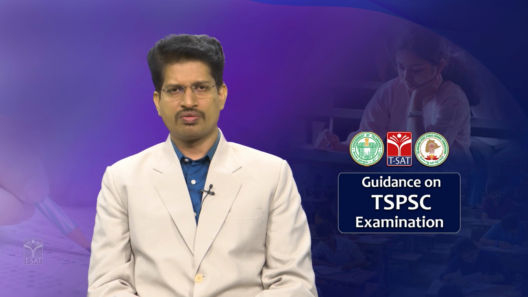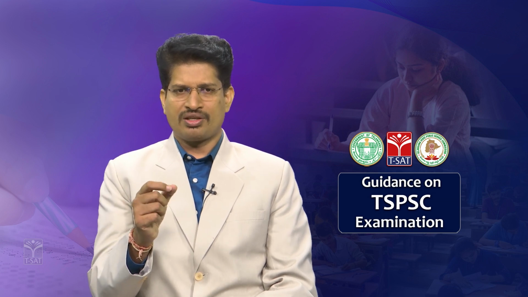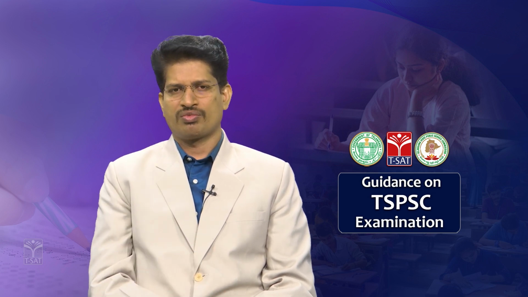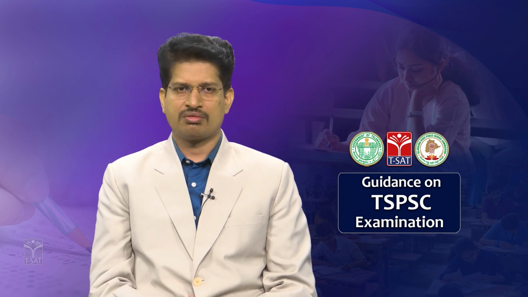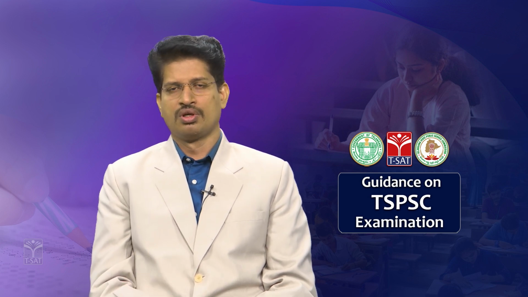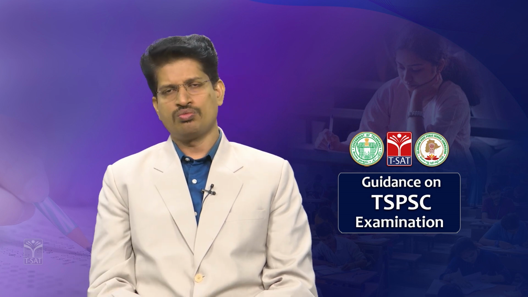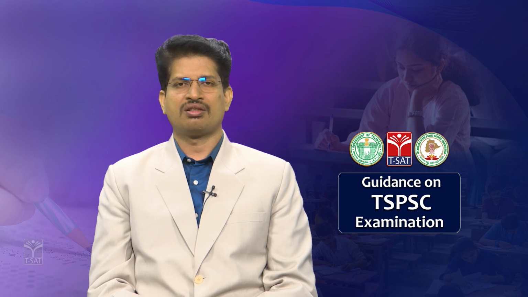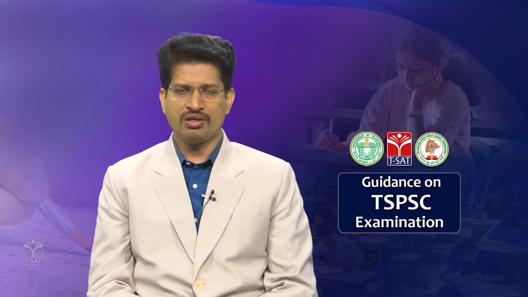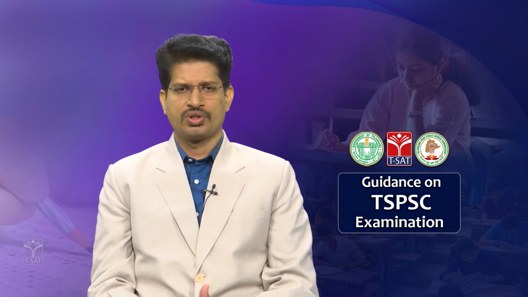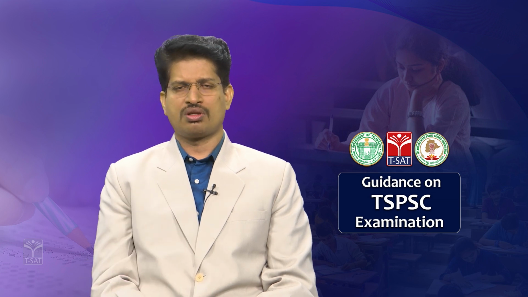In extrusive igneous rock bodies, the crystal size is very small or sometimes the crystals are absent. In intrusive igneous rock, the crystal size is larger. The more time taken to solidify, the larger the crystal size in the rock. So, these are certain points on which questions can be framed.